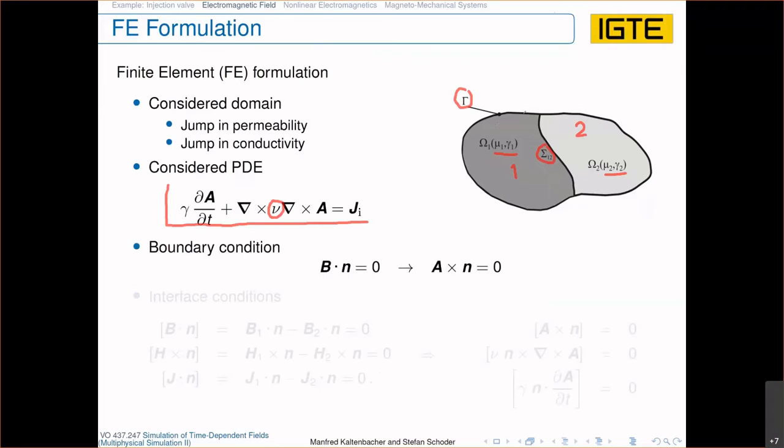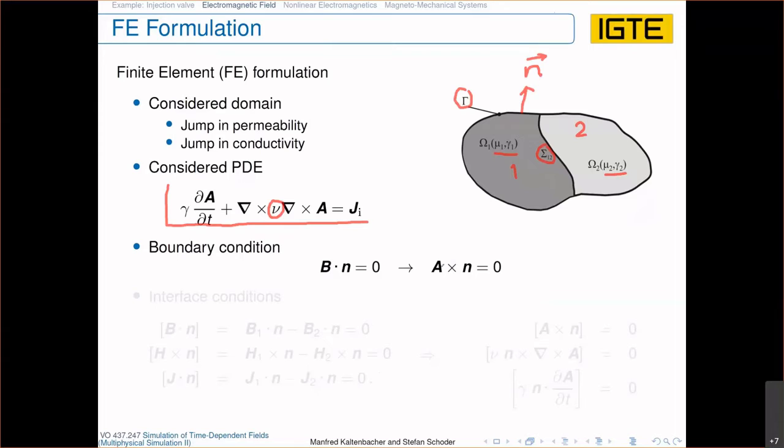So I just put here, this is for example the normal vector, and so the normal component along the boundary of B should be 0. And this is equivalent to taking the cross product between the magnetic vector potential and the normal vector, which means what we will get out here is just the tangential components of the magnetic vector potential along the surface, and they should be equal to 0.